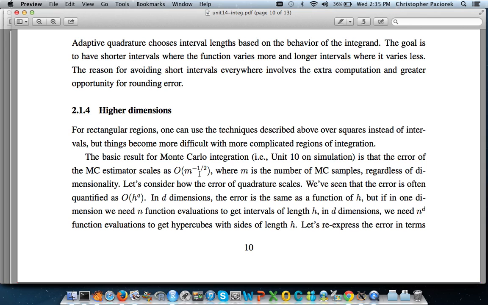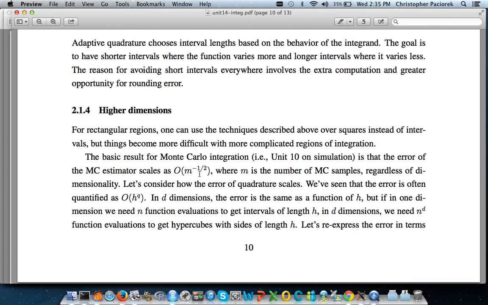As we go up to, say, 100,000, we're going to get something that scales like this in terms of the error. So we get decreasing returns as we increase n.